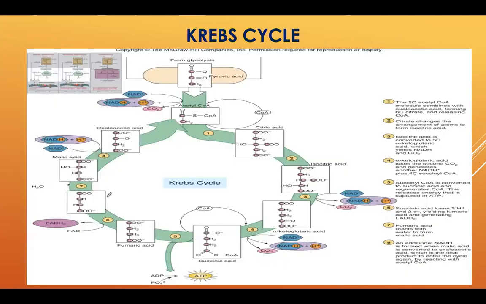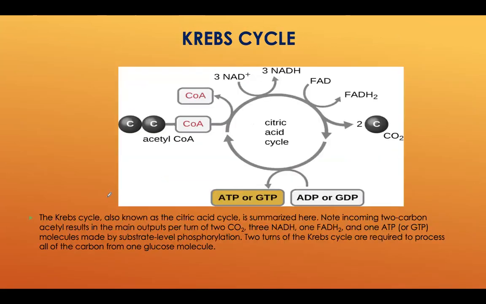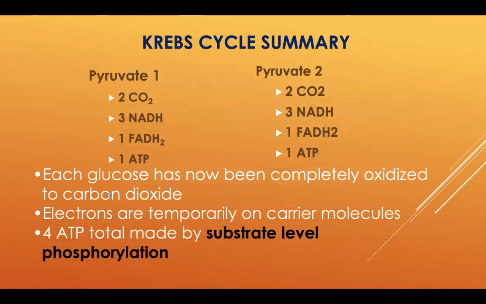So now if we calculate, remember, from Krebs cycle, from one pyruvate we get 2 carbon dioxide, 3 NADH, 1 FADH, 1 ATP. So we have 2 pyruvate, right? Remember during glycolysis what happened?